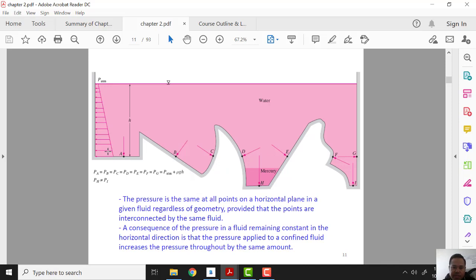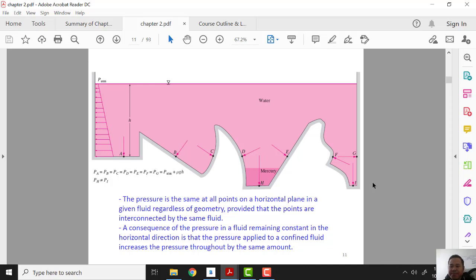Here we have a picture with A, B, C, D, E, F, G at the same horizontal line. They are the same fluid, so the pressure at A, B, C, D, E, F, G is the same.